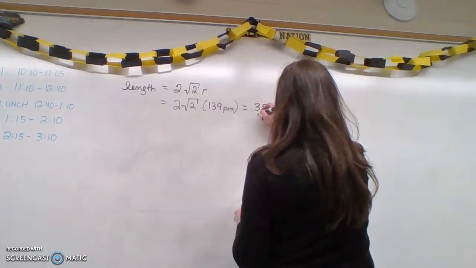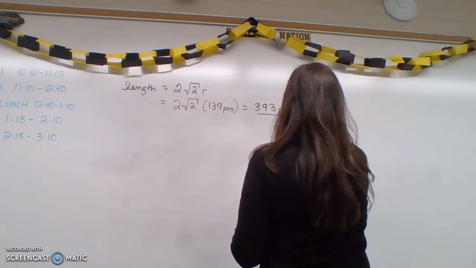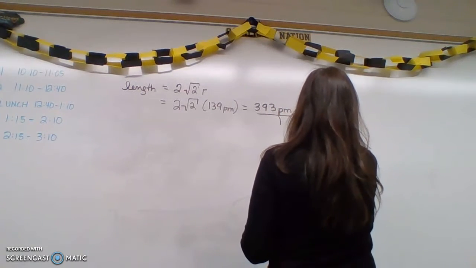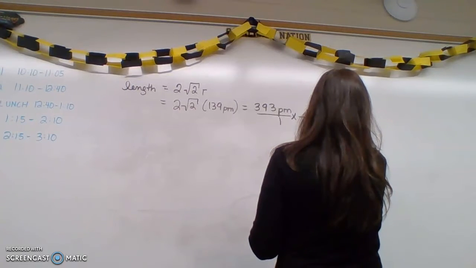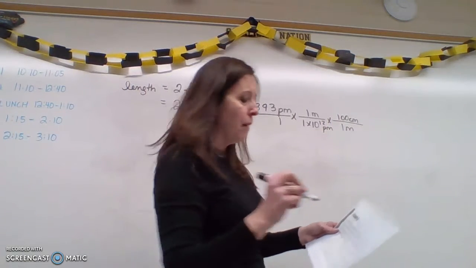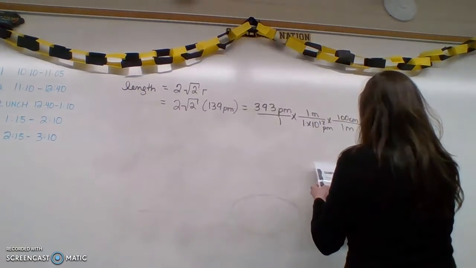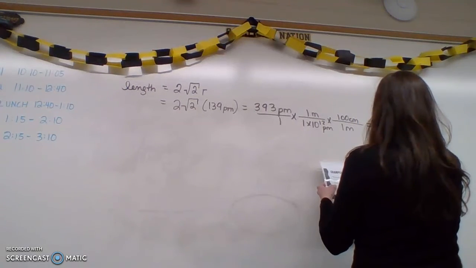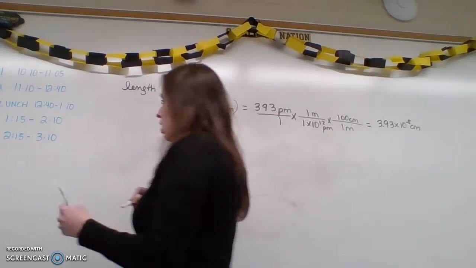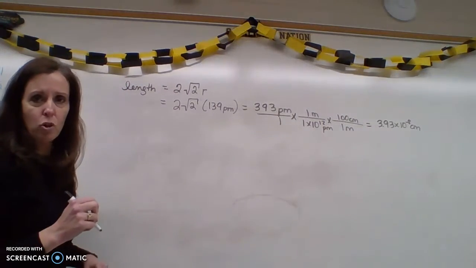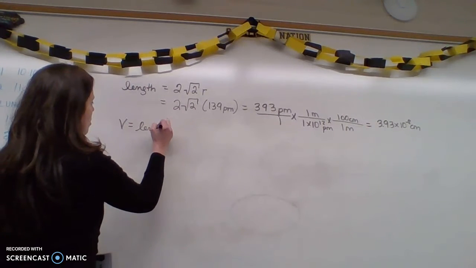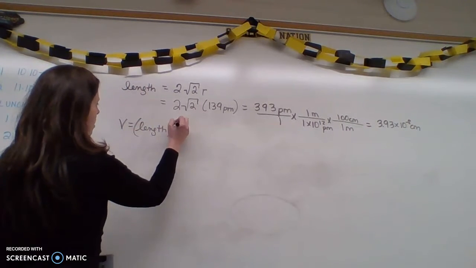So I'm going to go ahead and convert that to centimeters, okay? And by doing that, it will just make my life a lot easier when I go to find density. All right, so I know from geometry class that volume is equal to length cubed.